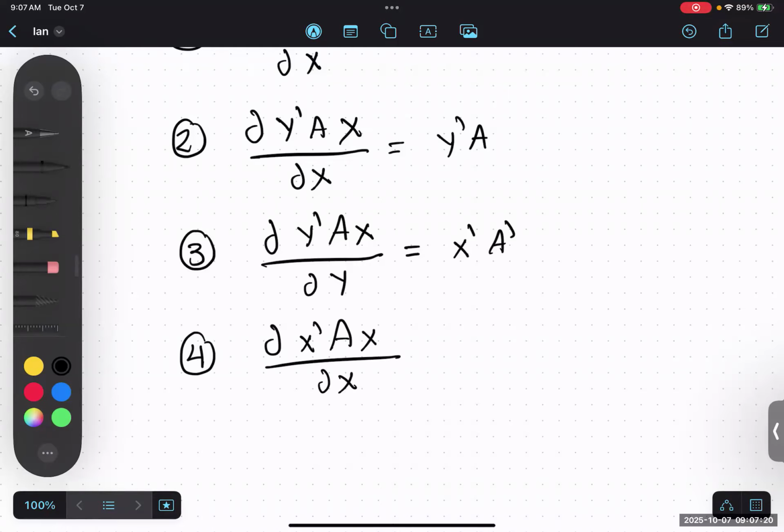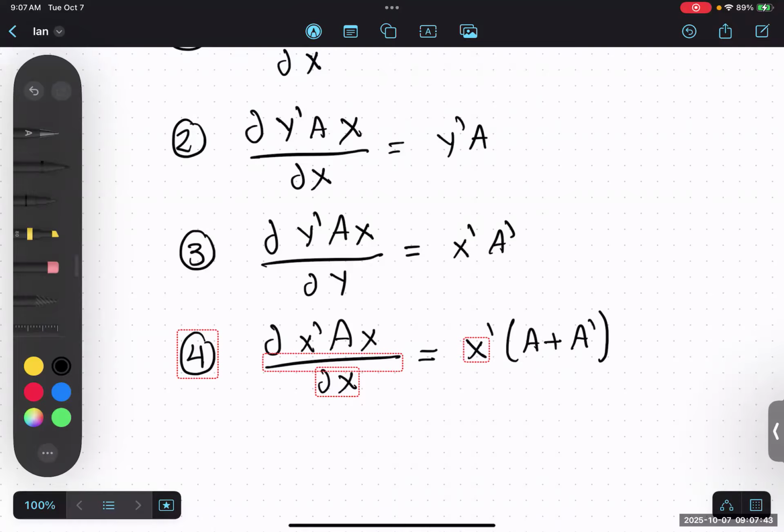Something similar. Well, here you will use the same properties that we described before, but you will multiply x transpose by the sum of A and A transpose.